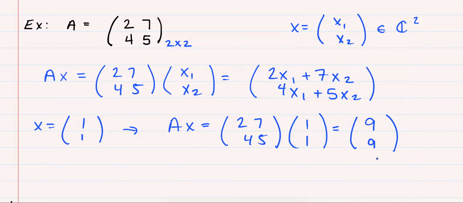But what does this vector have in common with this one? Notice that's just 9 times this vector. So A times x is 9 times x. So we found an eigenvector, 1, 1, and an eigenvalue, lambda, which here is equal to 9.